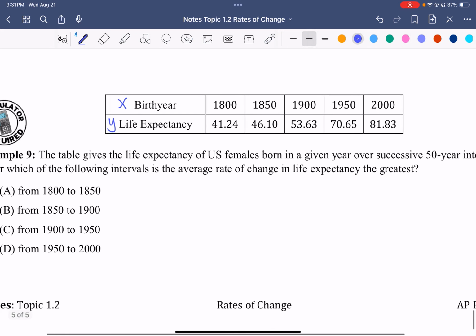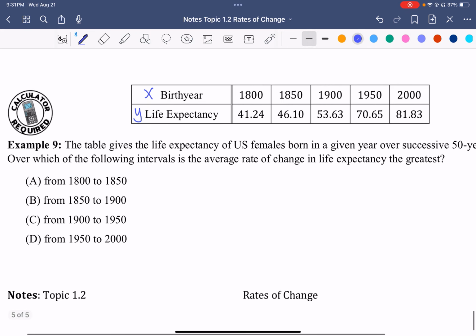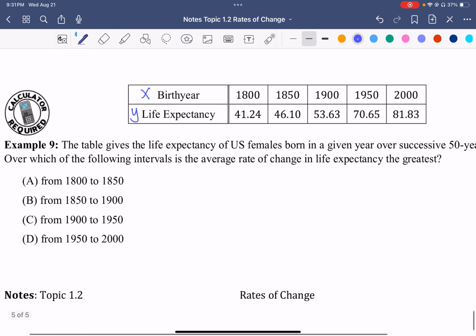Now it's kind of tedious, but we have the calculator, so it's not too bad. We're going to have to find the average rate of change 4 different times because we have 4 different answer choices with 4 different intervals. So these are all x values, so we can say this is x sub 1 and x sub 2. I'm going to go to my table and find where I have those values.